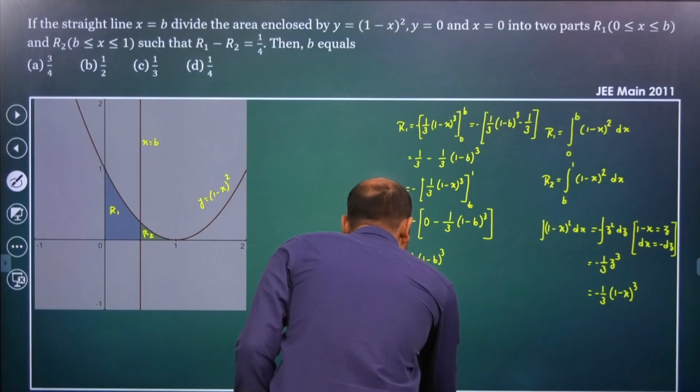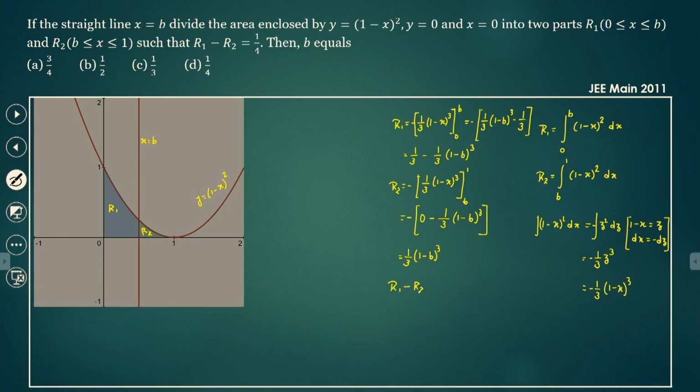So we'll use the given condition that R1 minus R2 is equal to 1 by 4. That implies 1 by 3 minus 1 minus b whole cube divided by 3, minus the same value, 1 minus b whole cube divided by 3, is equal to 1 by 4.